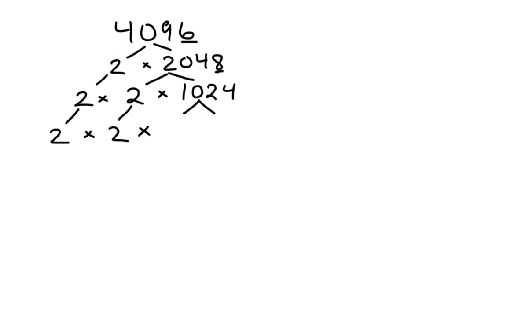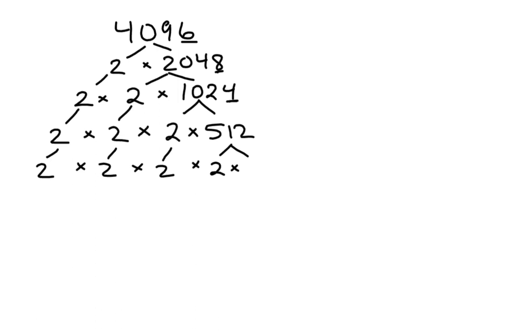1,024 is a composite number. Even number again, so it could be 2 times. In this case, it's 512. Keep going from there. We are just going to keep factor treeing until we get to just prime numbers. And we just keep breaking it down as much as we can.